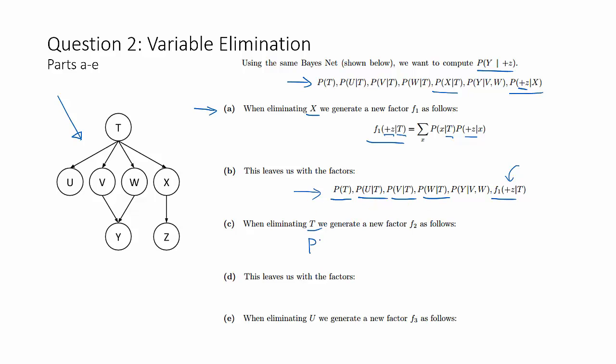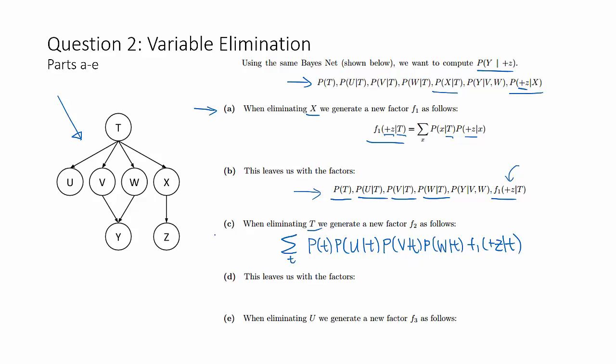And the reasoning why I wrote a lowercase t is because I'm going to eliminate T right off the bat. So we sum over all T of the joined factor that we have here.